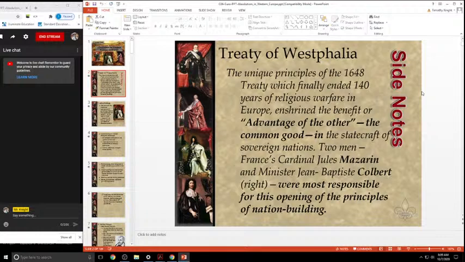Remember that prior to this point, many European nations were very decentralized, and kings were constantly vying to hold on to their power and being challenged by all sorts of different people, whether it be other claimants to the throne, people trying to challenge the throne and claim the throne for themselves.